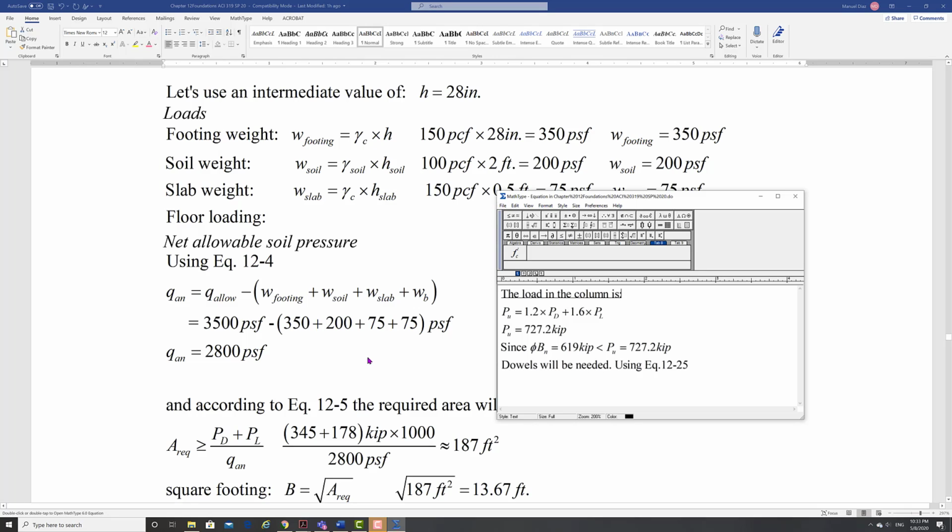Yeah, 345, 178. So I think we already found this value. So 1.2 times 345 plus 1.6 times 178, right?